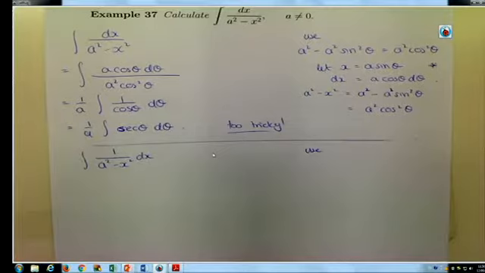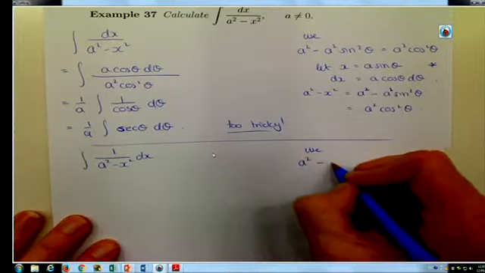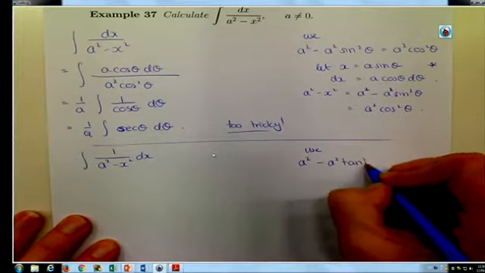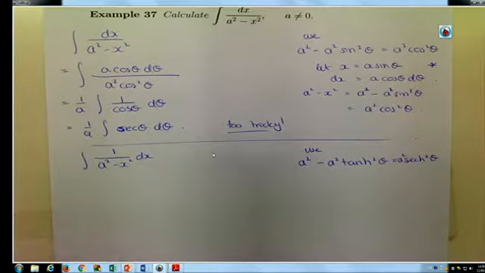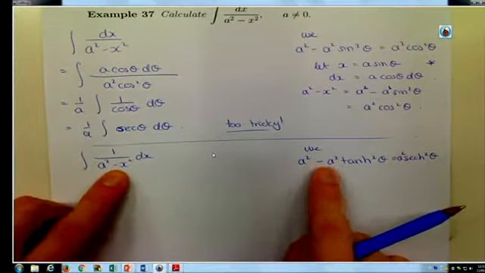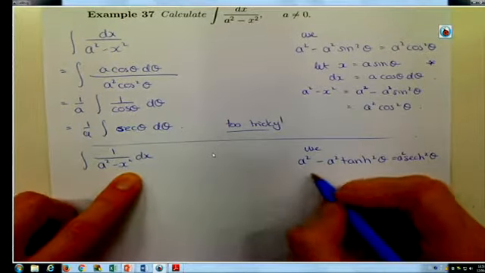Okay, so we want the tanh one, right? Okay, so we're going to try the tanh one. The a squareds match, the minus matches. That means x squared has to match this thing here.